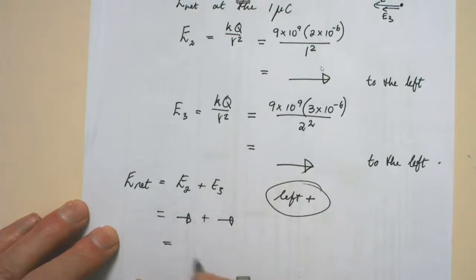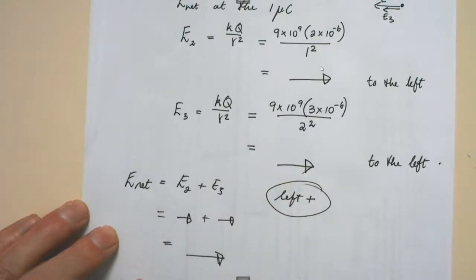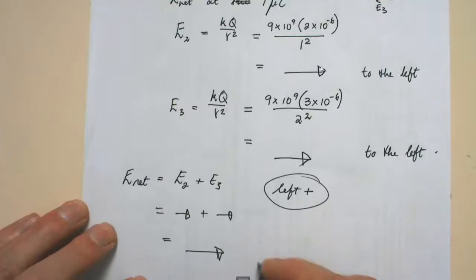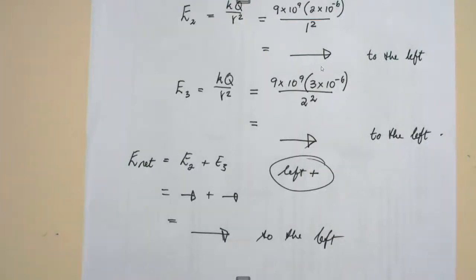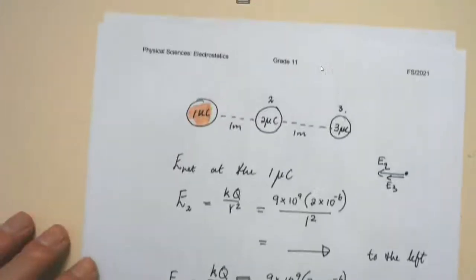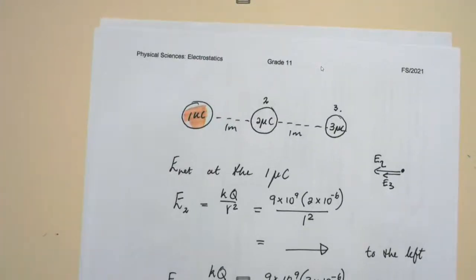I will get my total, and that will also be to the left because both of them are to the left. I hope that helps you with how to do electrical field strength, and guys, you will only get it in 1D. In other words, where the charges are on a straight line, not where they have a 90 degree angle with one another. So yes, that is our topic.